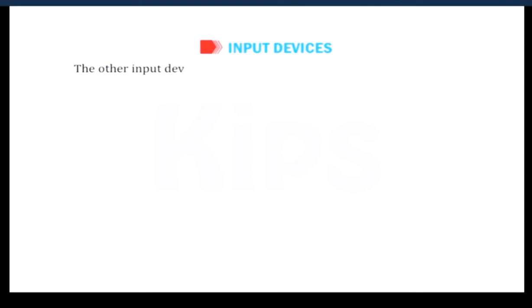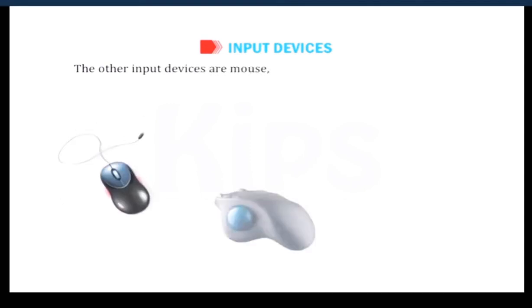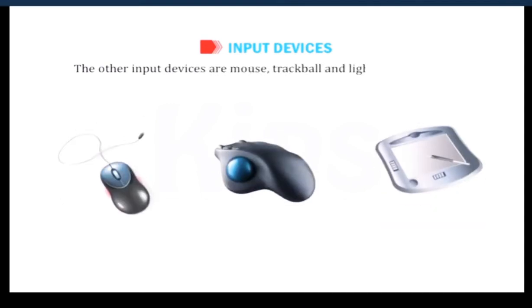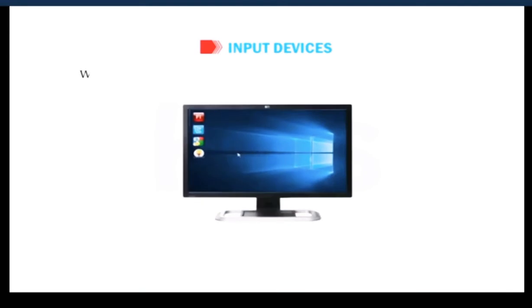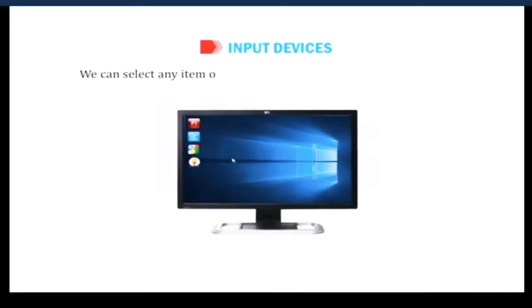The other input devices are mouse, trackball, and light pen that do not require typing to input data. These are called pointing devices. We can select any items on the screen by pointing and clicking on it.